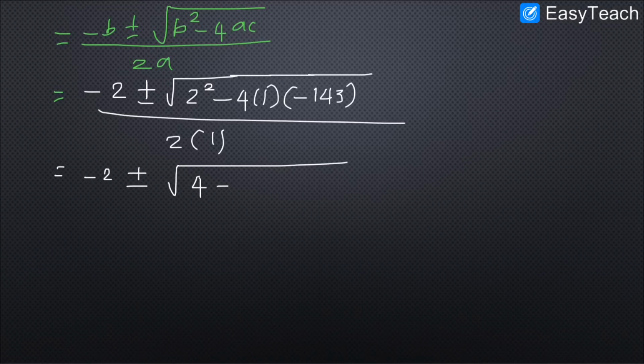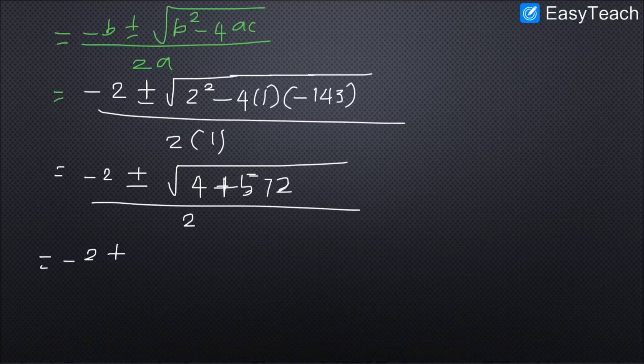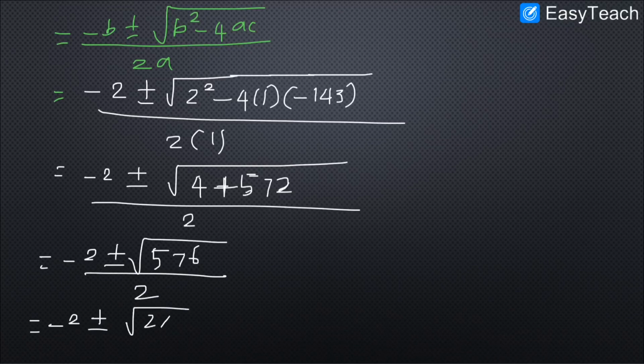4 minus, so 572. So minus of minus 572 gives me plus 572, the whole divided by 2, equals minus 2 plus or minus the square root of 576.